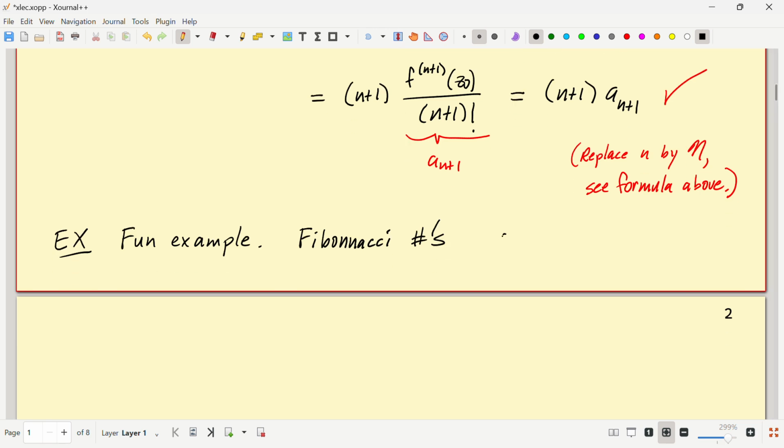Let's make a_0 be 1. And let's make a_1 be 1. And then after that, the next one, a_n, is a_{n-1} plus a_{n-2}, for n bigger than or equal to 2.